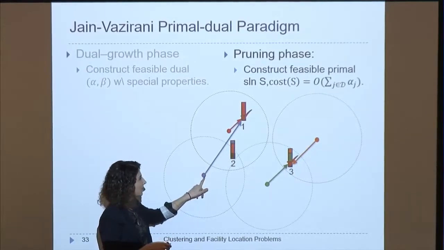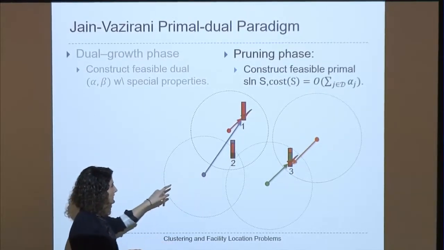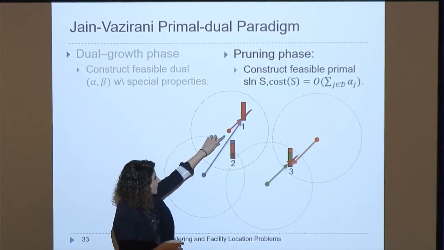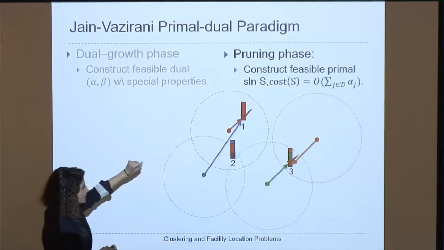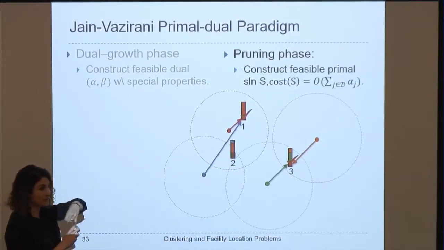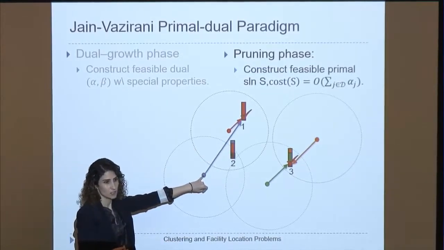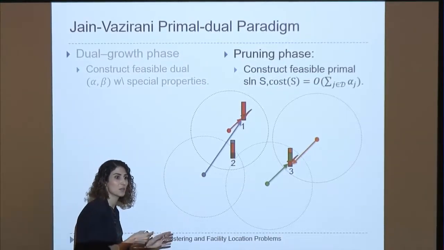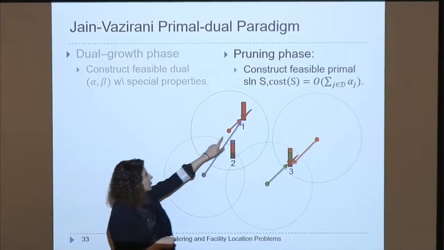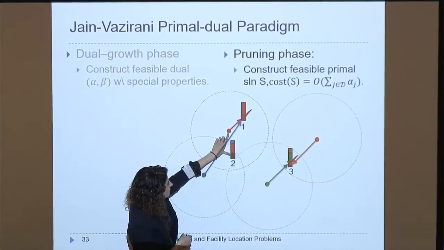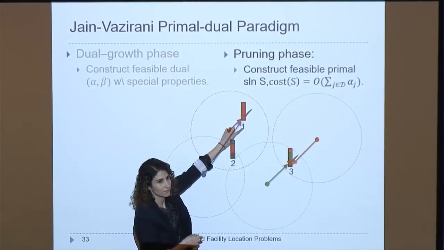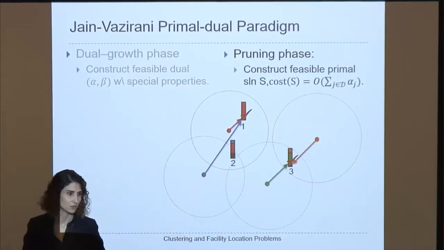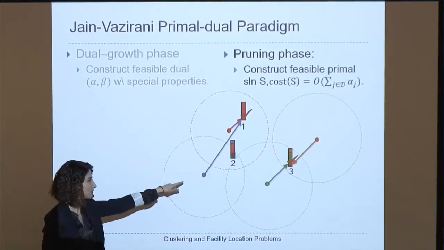And the reason its alpha j can be bounded is, first of all, it was stopped by the time this client stopped. So it means that this alpha j cannot be more than that. And it's also possible that it stopped even before that. So you can say this is at most alpha j, and then this is also, it was stopped because of this facility, so that distance is also at most alpha of that one, which is bounded by the alpha of this one.